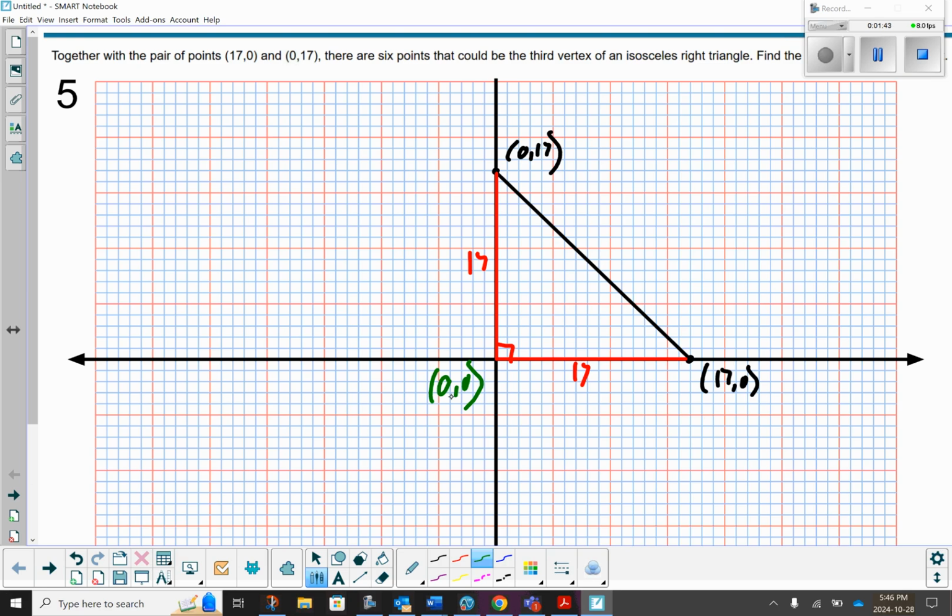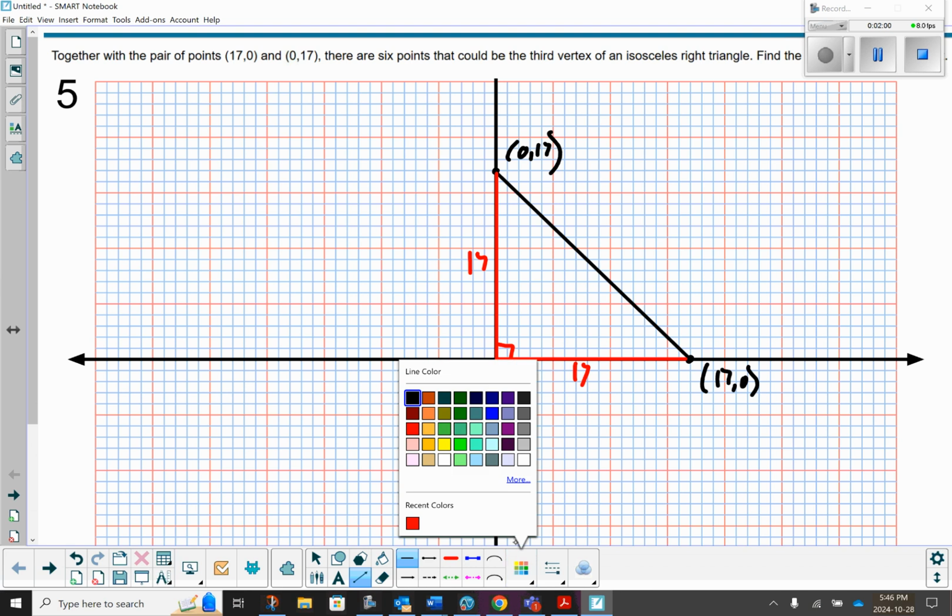Well, that wasn't too tough, I hope. But wait, is there a way that we could use that segment to be the hypotenuse of another isosceles right triangle right where it is? Of course.